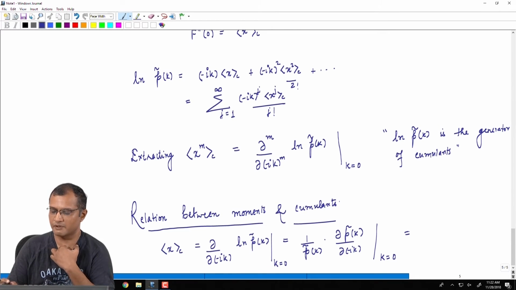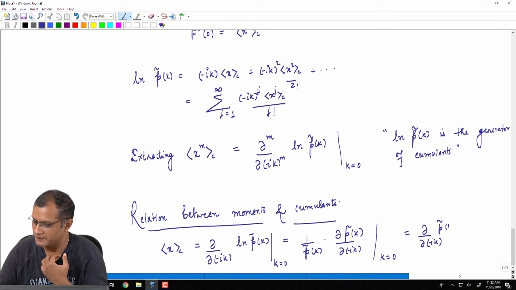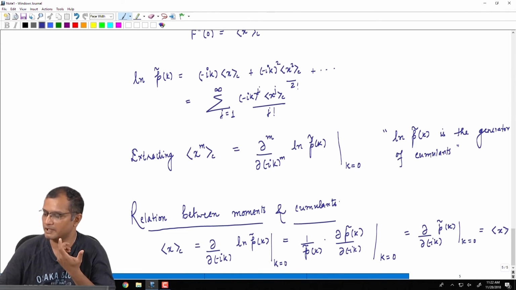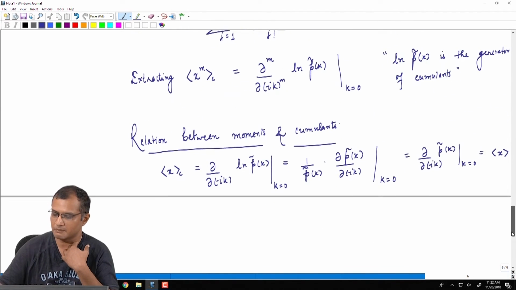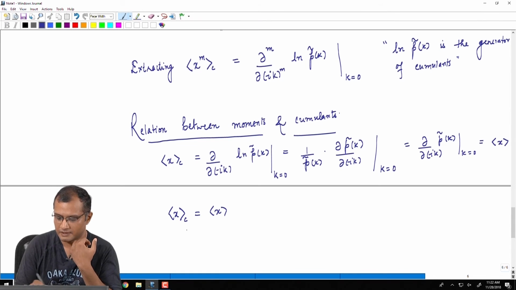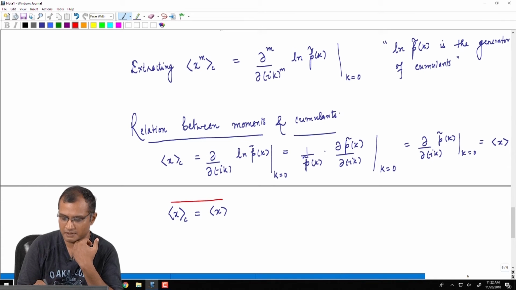Now, the characteristic function at k equal to 0 is just 1. So, this is nothing but d over d(minus ik) of p of k at k equal to 0, which by definition is nothing but my mean. So, the first cumulant is nothing but the first mean. This is the relationship that we got. At this stage it is not very exciting.